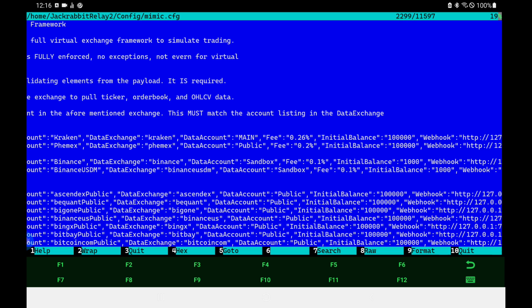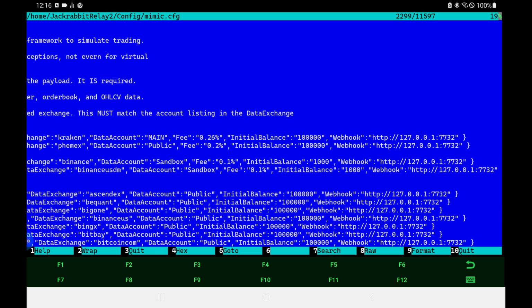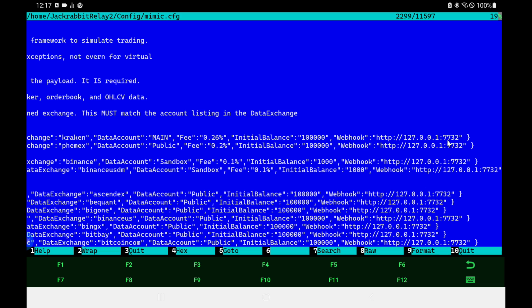And finally, yet again, the webhook that you need for connecting back and forth to Mimic. Be sure you check your port before you press the enter key. You don't want to have to go through all of these and change it for a simple mistake.